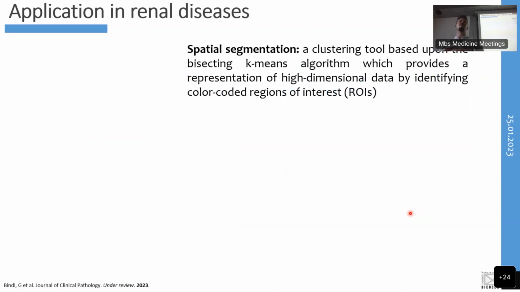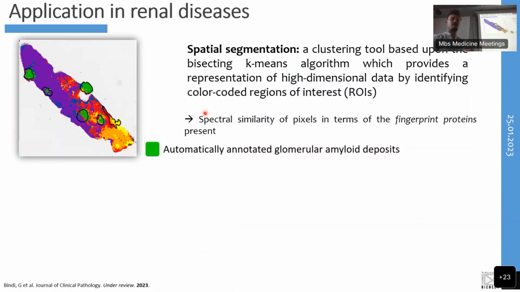So effectively, this means that we grouped all of the spectra together based upon their similarity, which means that all those regions where all of these fingerprint-associated proteins co-localized were highlighted in a certain way. And when we did this on an example renal biopsy here, we found that these regions in green were quite readily highlighted, which we presume correlated with glomerular amyloid deposits.